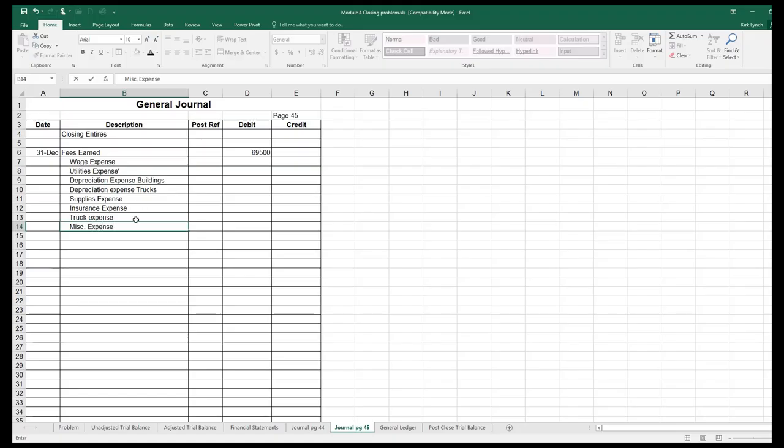So those are our expense accounts in order, and all I have to do is go get the balances of those accounts. We can again get them either from the adjusted trial balance or from the general ledger.